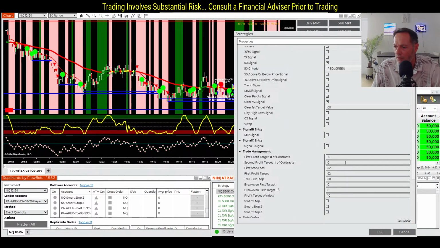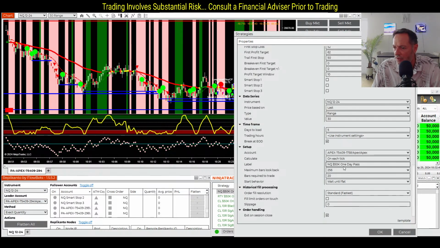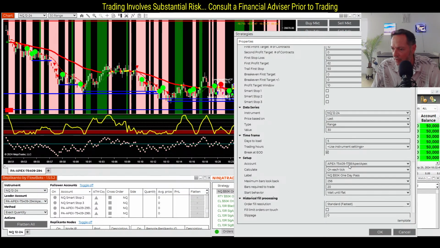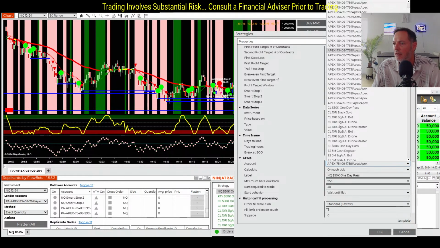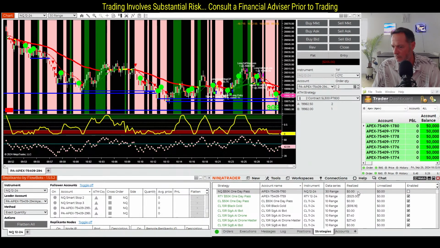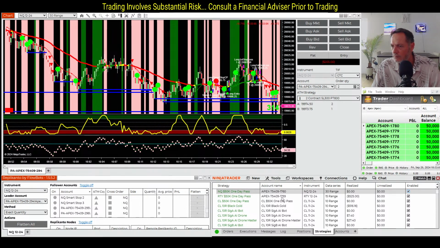This is our NQ 1-day pass strategy. Again, it trades 10 contracts, and we'll try to get one over the line here today. Order filled.